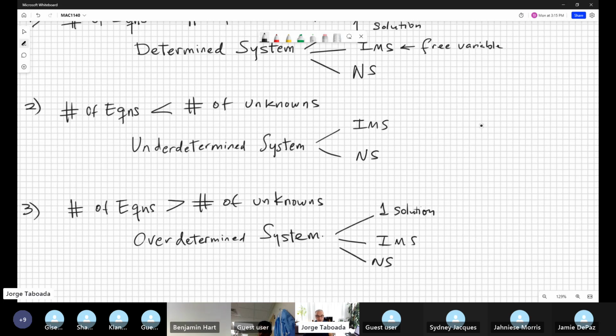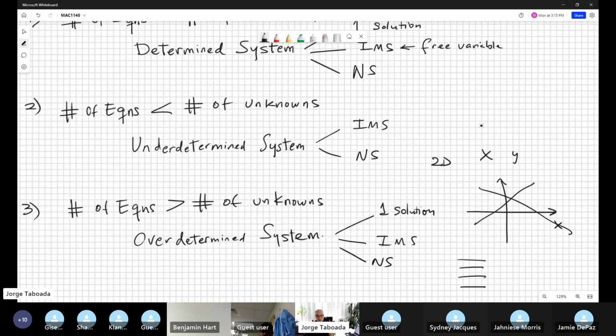Suppose a problem in 2D, so two variables, x and y. This is the classical rectangular coordinate system in 2D. And you have, for example, 4 equations. Suppose that the first equation determines this line. The second equation determines this line.